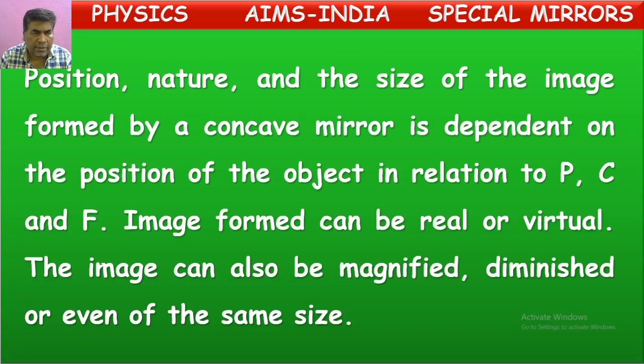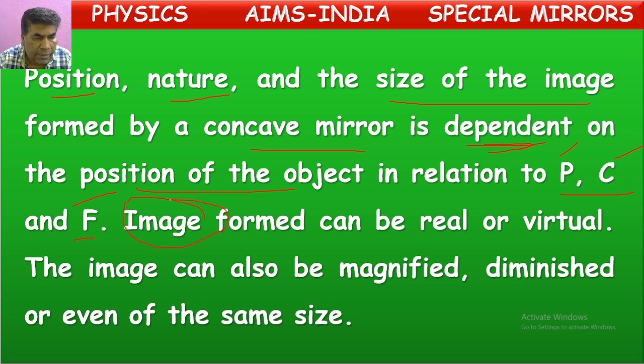Okay, next. Here the position, nature, size of the image formed by a concave mirror is dependent on the position of the object in relation to what points? Pole, center of curvature and focus.